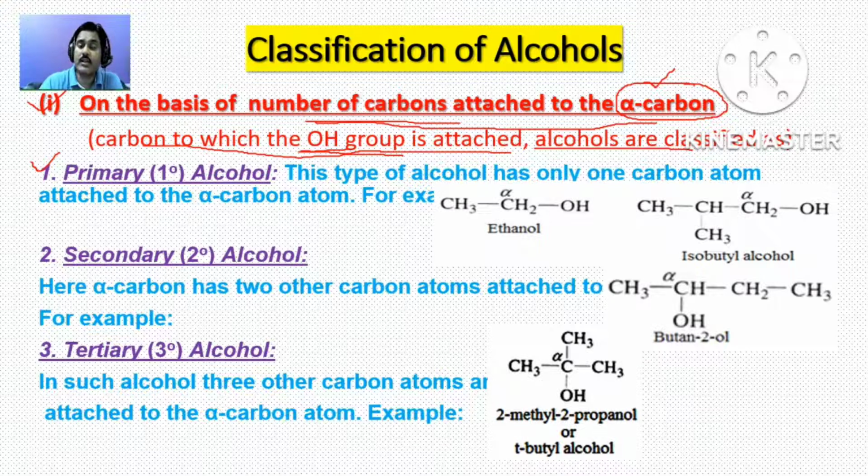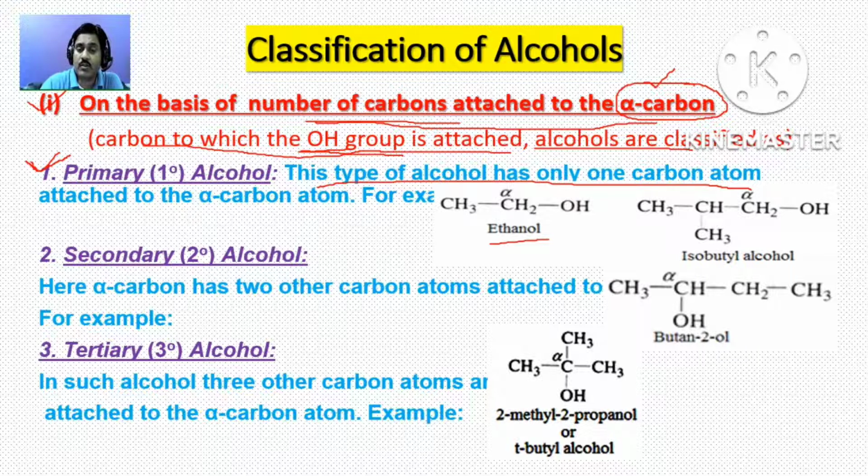According to the number of carbon atoms attached with the alpha carbon atom, alcohols are of three types. Number one, primary alcohol, first degree alcohol. This is the type of alcohol which has only one carbon atom attached with the alpha carbon atom, for example, ethanol.